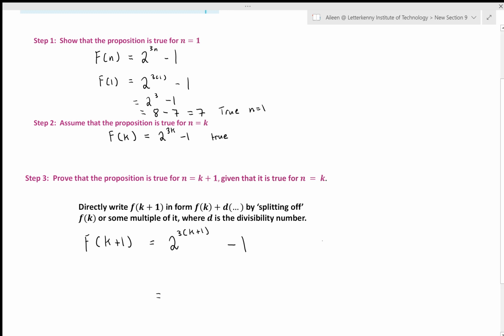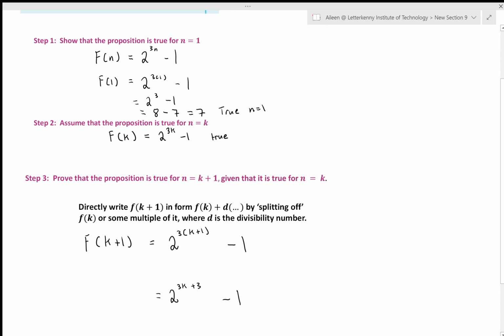So we know that a to the power of n times m will give us 2 to the power of 3k plus 3. So I'm just multiplying in my 3, expanding out my brackets.